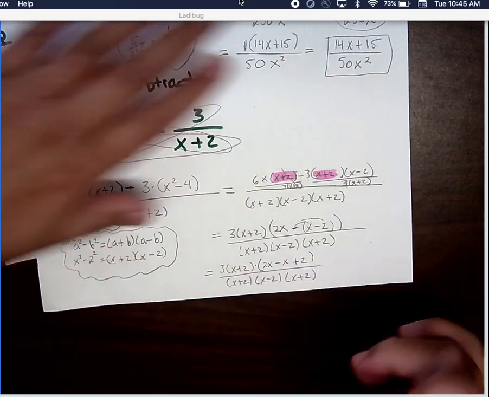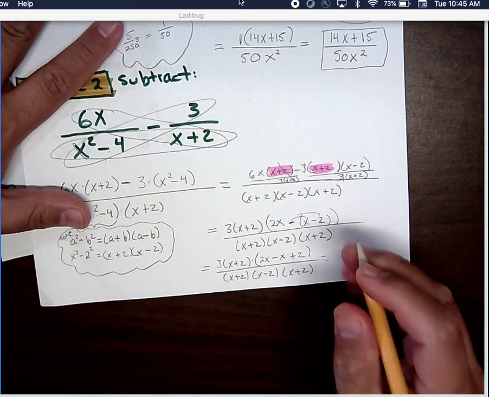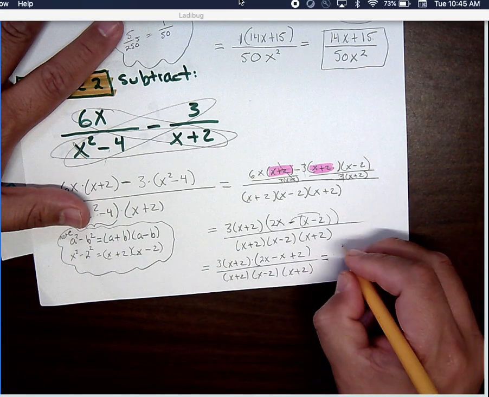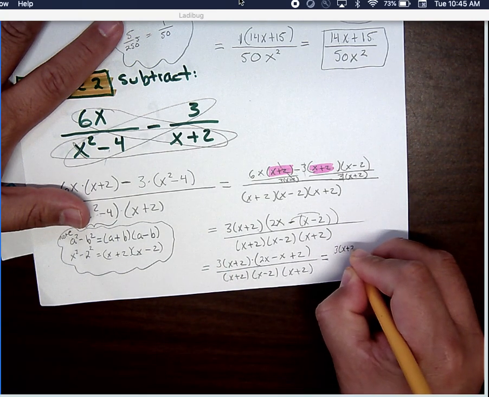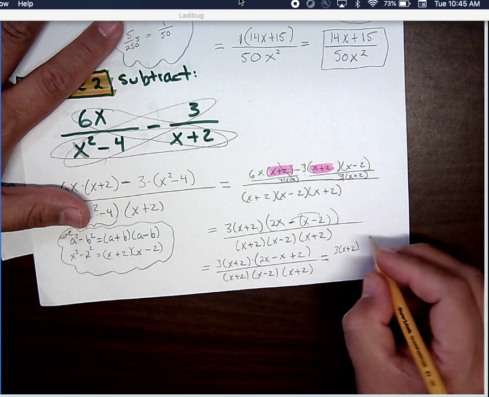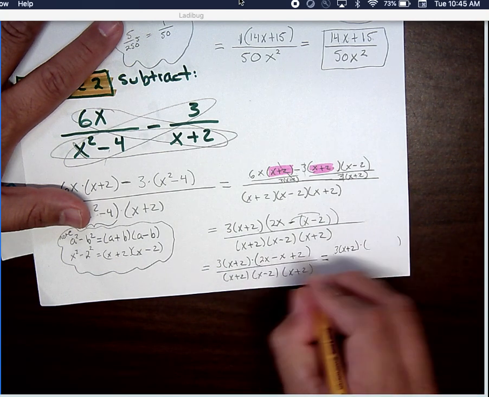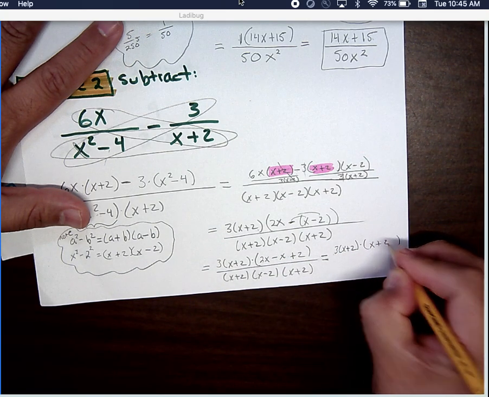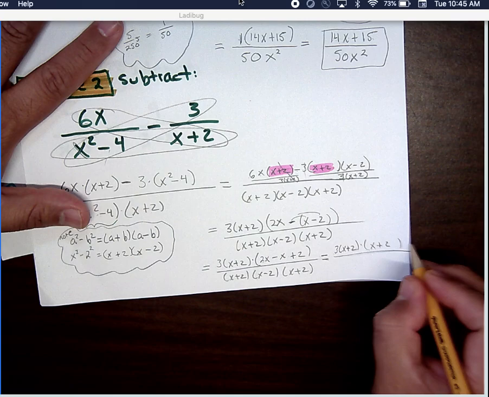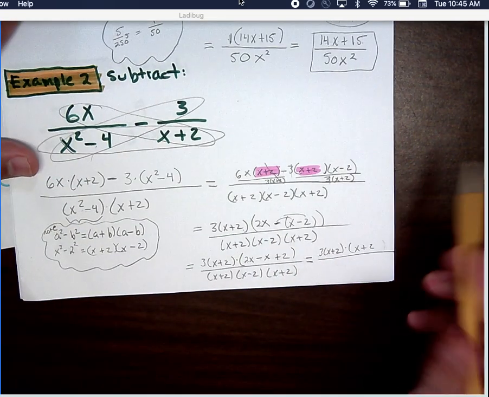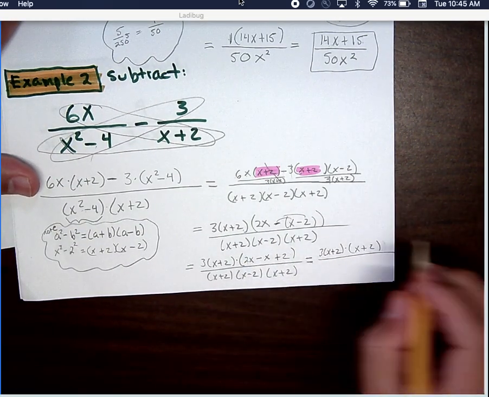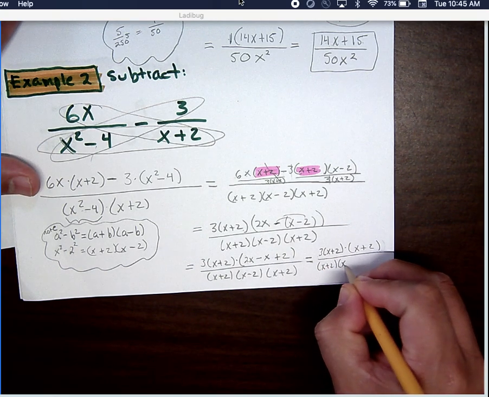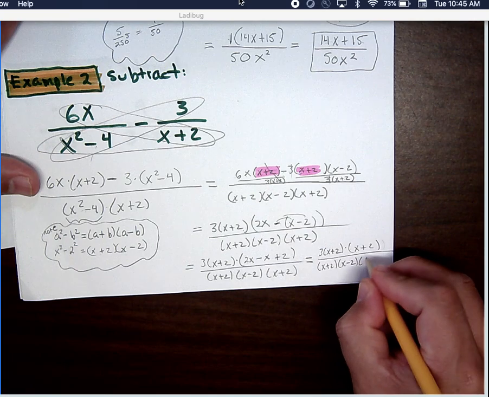As you can see, it gets a little bit more involved than what we did last time. So this would be 3 times x plus 2 times 2x minus x, which becomes x plus 2 again, and that's why you're left inside this parenthesis, and at the bottom we have x plus 2, x minus 2, and x plus 2.